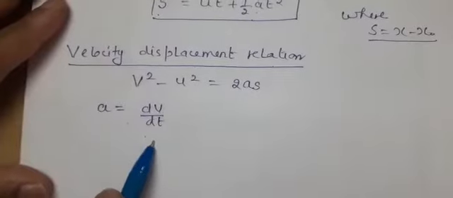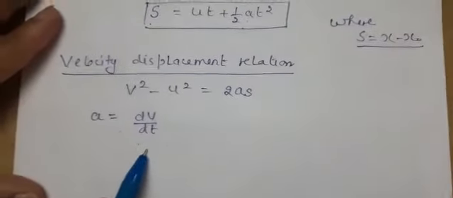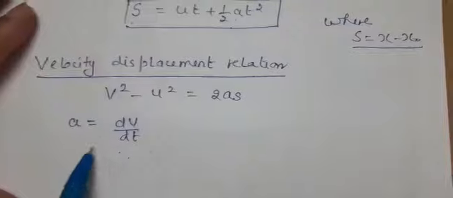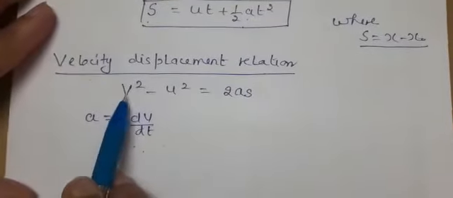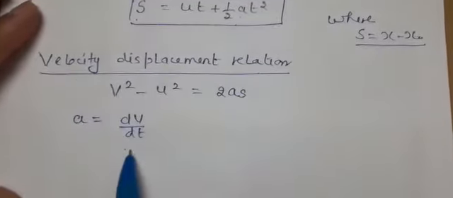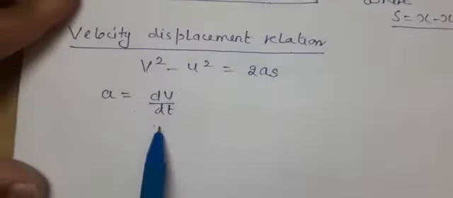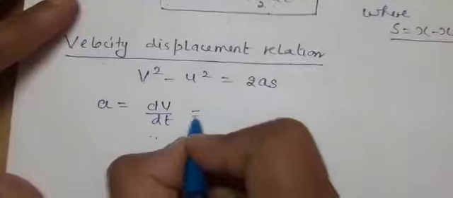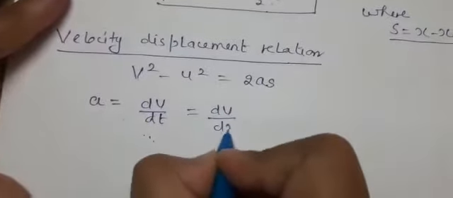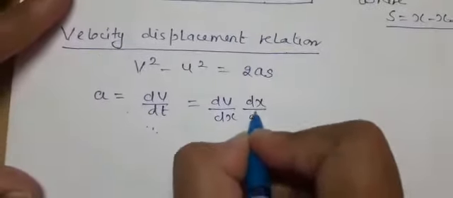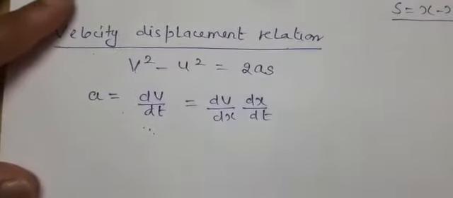But here the step will not be identical. Just focus here that the relation is between velocity and displacement. There is no concept of time. So we have to eliminate the concept of time from here. What we will do here is divide and multiply by the same factor, dx.